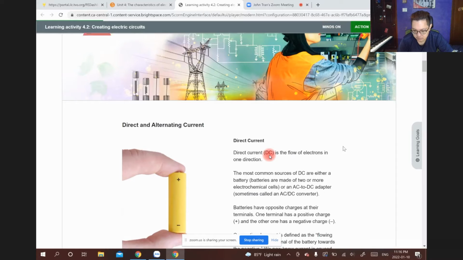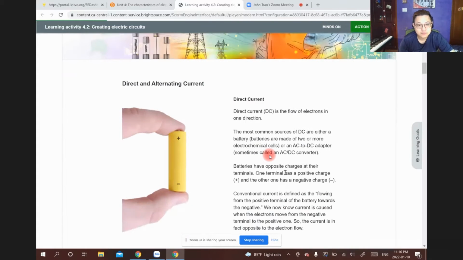Batteries are made of two or more electrochemical cells, or an AC to DC adapter, sometimes called an AC/DC converter. Batteries have opposite charges on their terminals. One terminal has a positive charge, plus, and the other has a negative charge, minus.